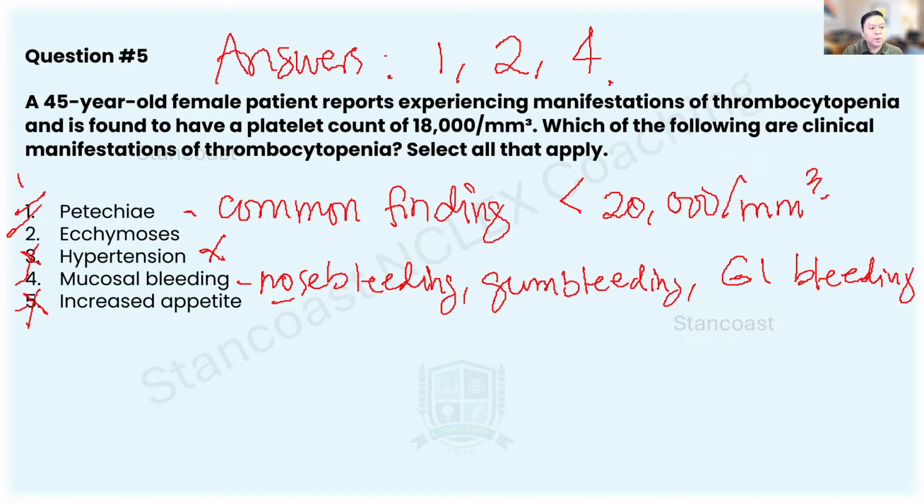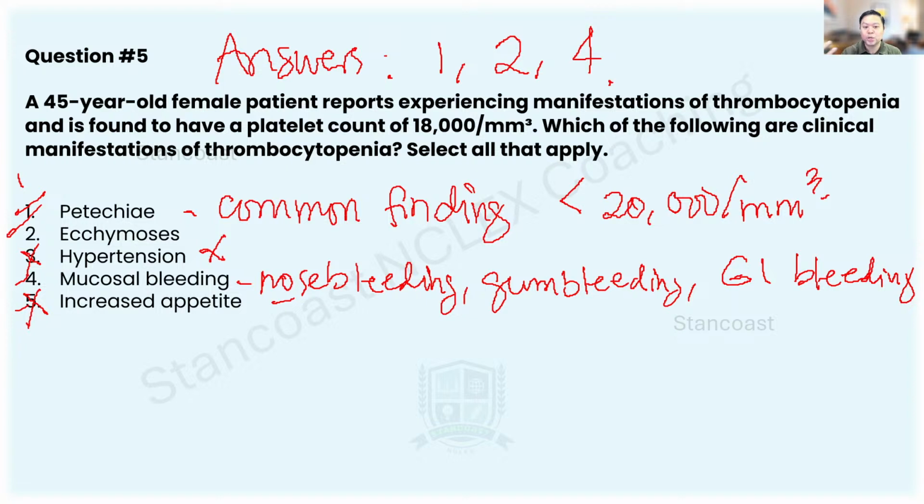Okay. With the option of hypertension, the bleeding itself will not manifest in hypertension. There is no relationship about the superficial bleeding into the blood vessel itself, or affecting the vascular tone of the blood vessel.